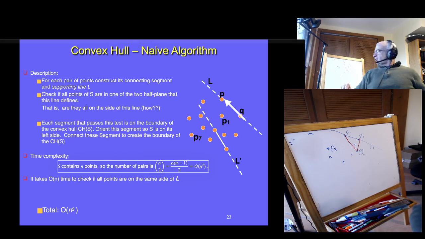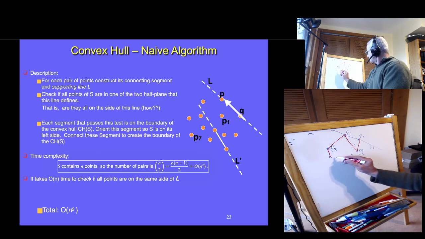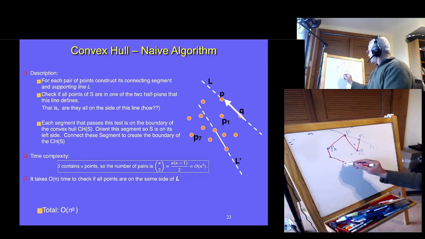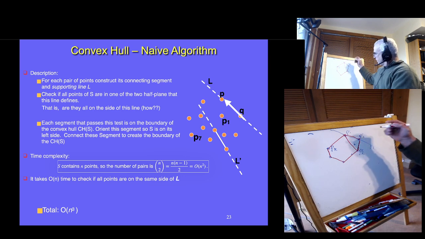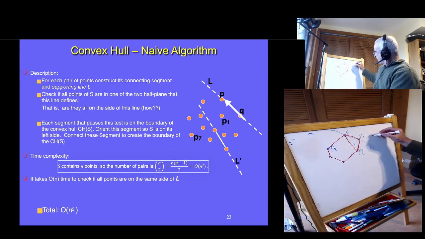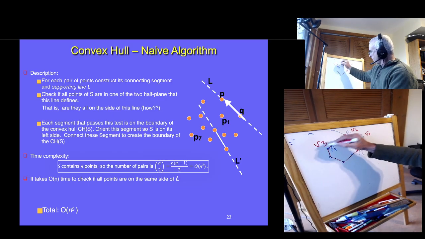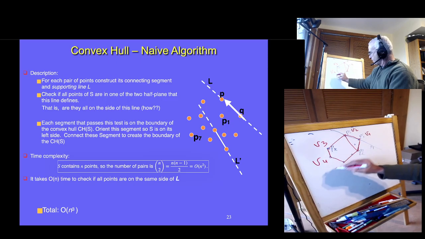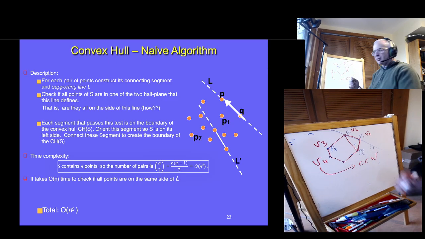So when I generate the convex hull, I'll essentially generate the points of the convex hull. Let's rename them as V1, V2, V3, V4. That is, everything needs to be in a counterclockwise order.